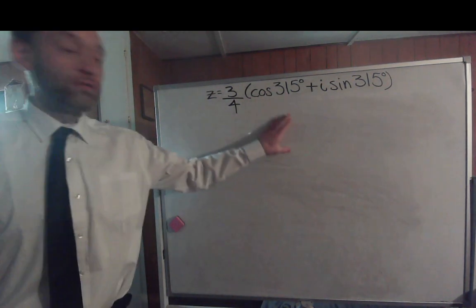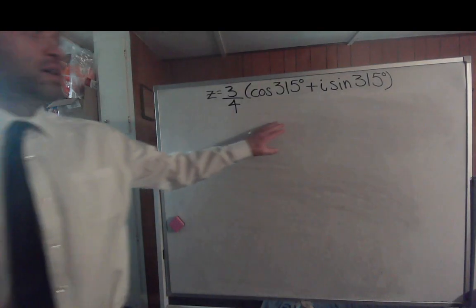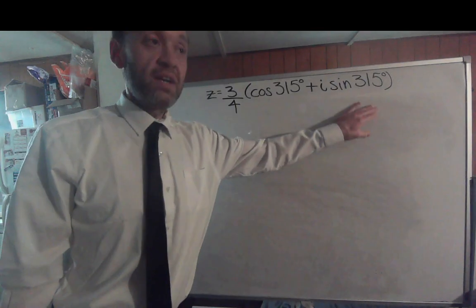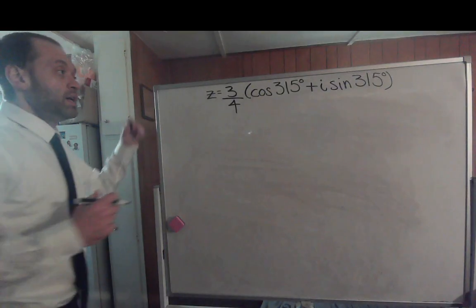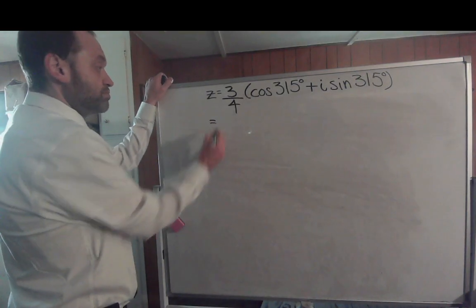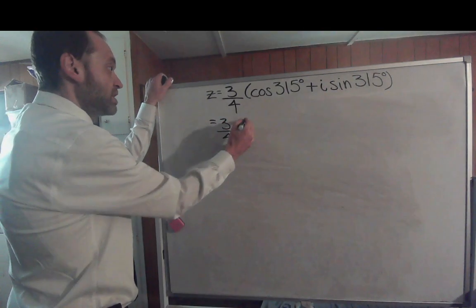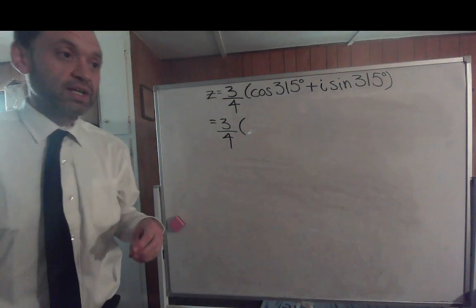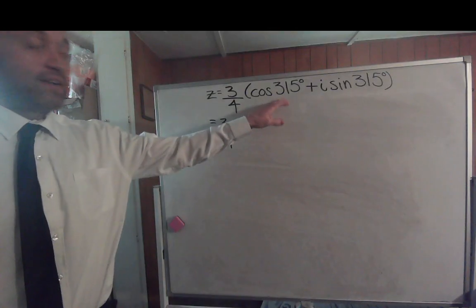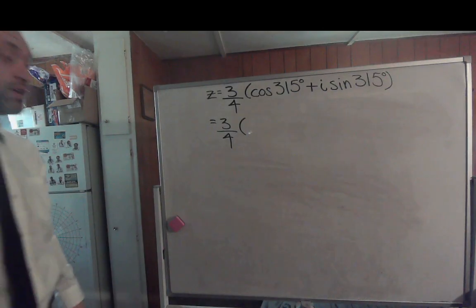Well, let's go ahead and just do the operation. So leave that 3/4 on the outside of the parentheses. Now, what is the cosine of 315 degrees? That's just a 45-degree angle in the fourth quadrant, which would give you a positive value.